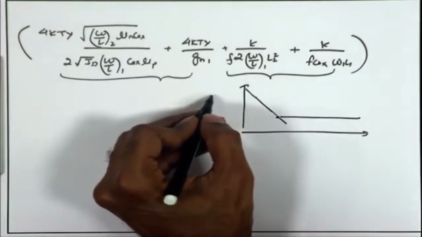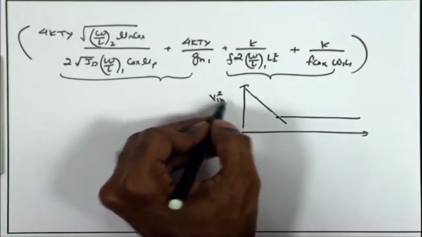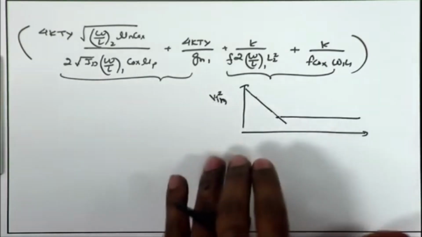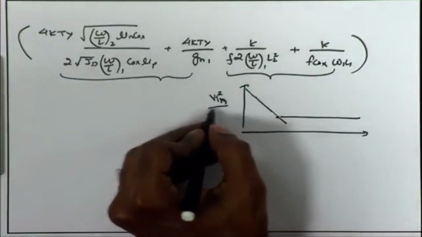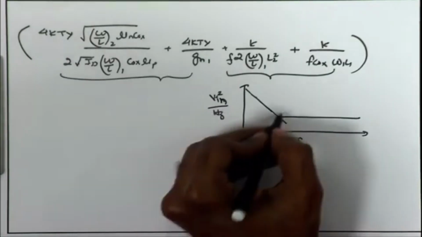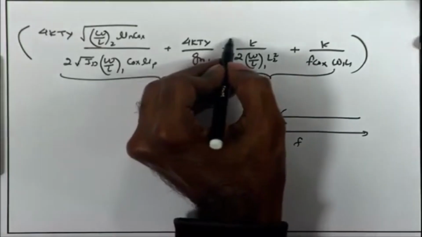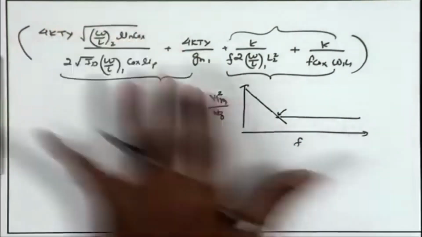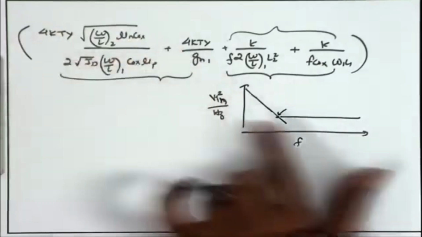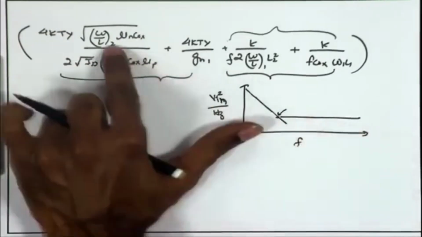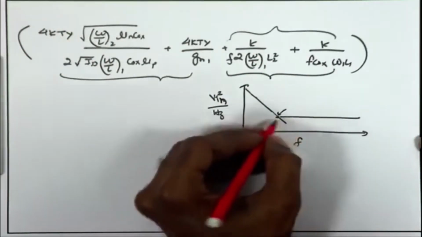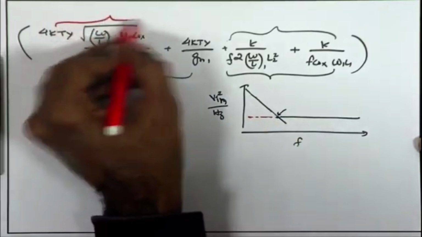So, if I say this is your VIN square, which is the mean square of input referred noise per hertz, and this is the frequency, this is the corner frequency at which the 1 upon f term becomes equal to the white noise term. This is independent of frequency. This constant level is going to be proportional to the first two terms.